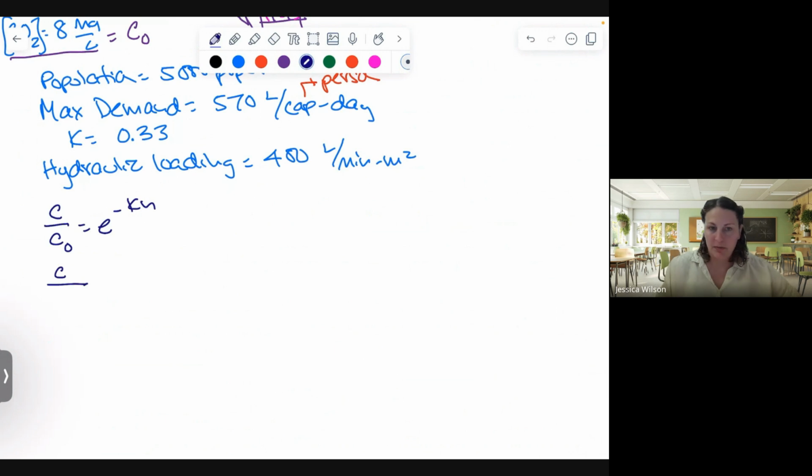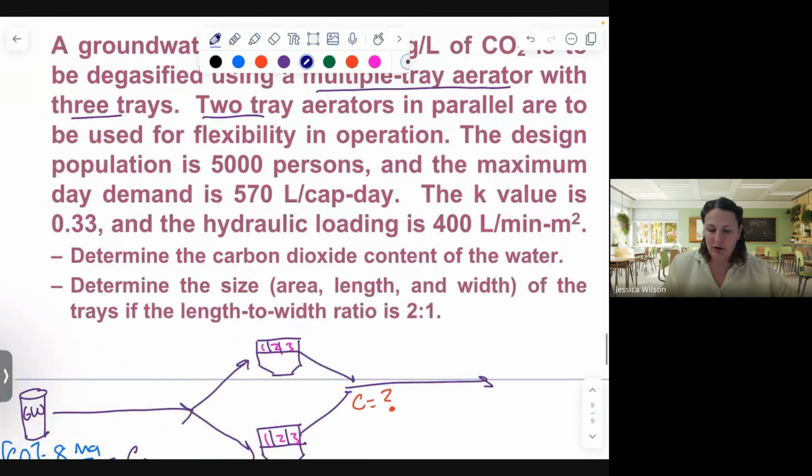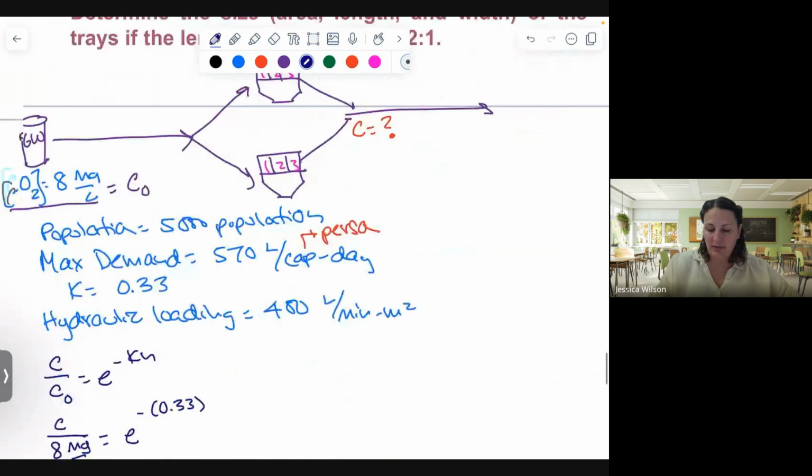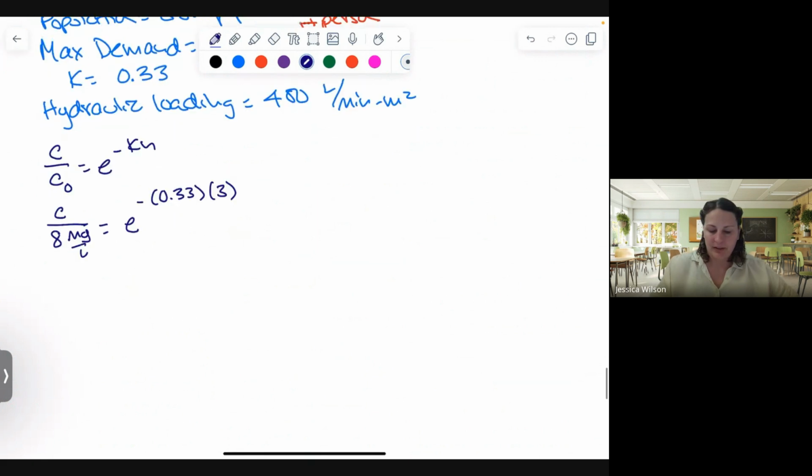C is our final carbon dioxide concentration, that's what we're looking for. Our initial is 8 milligrams per liter. Our K is 0.33. And N is our number of trays. We have 2 tray aerators, but each tray aerator has 3 trays, so our N is 3. Then our C ends up being 2.97 milligrams per liter. Okay, first part done.